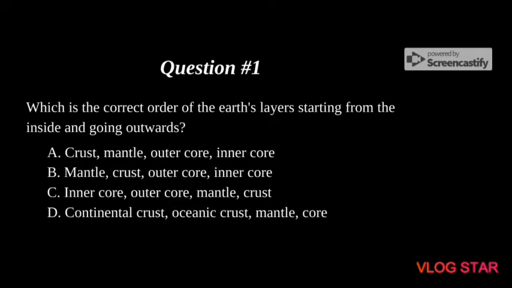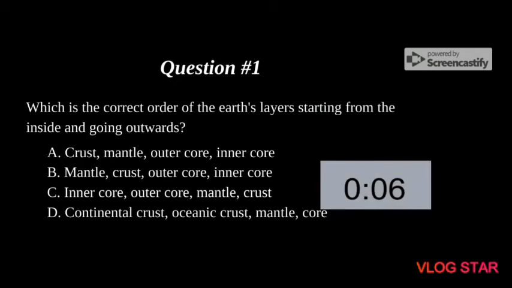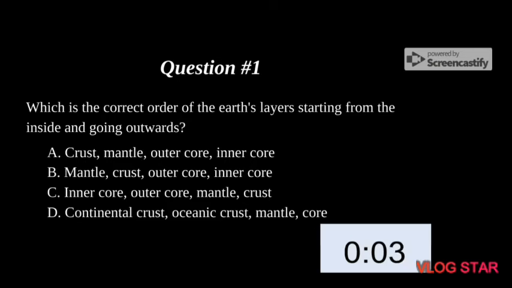B, mantle, crust, outer core, inner core? C, inner core, outer core, mantle, crust? Or finally, is it D, continental crust, oceanic crust, mantle, and core? You have 10 seconds to answer each question, starting in 6, 5, 4, 3, 2, 1.